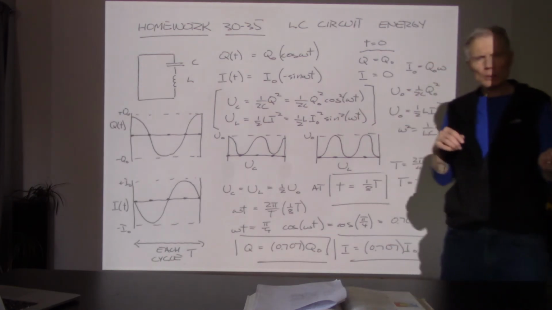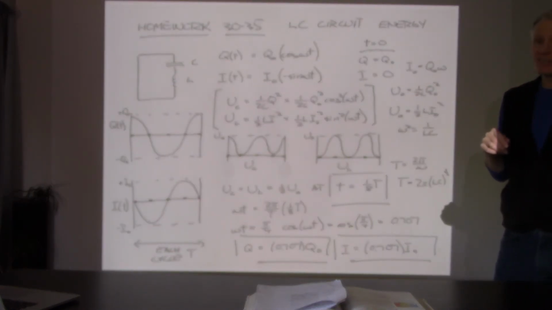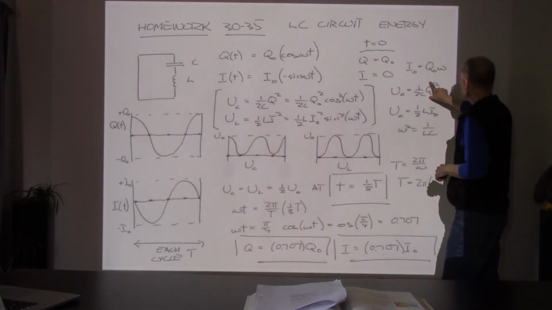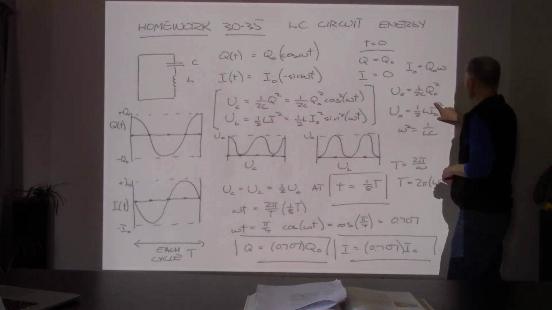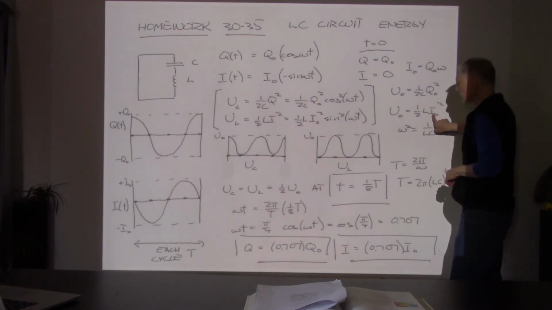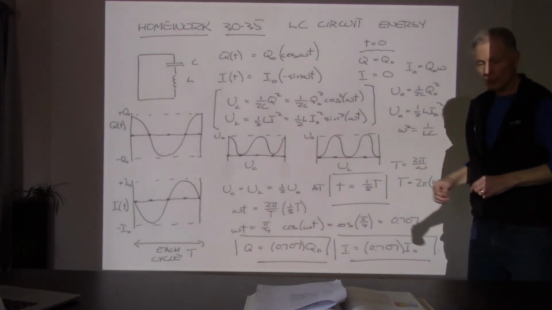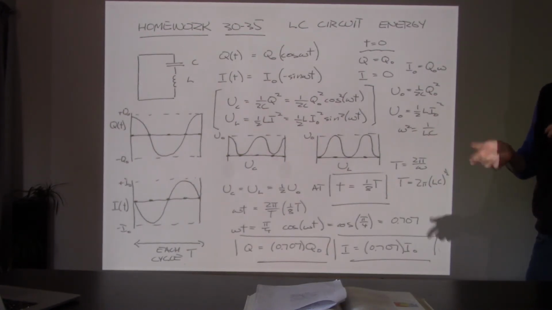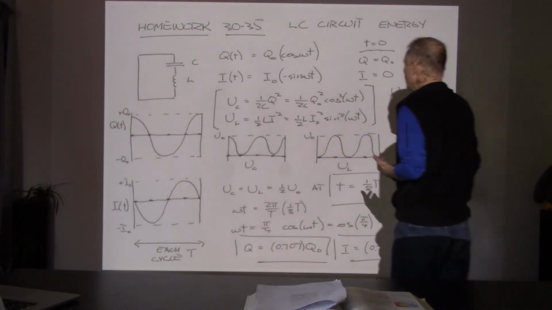When Q is equal to Q naught, the current is 0, so all the energy is in the capacitor. Vice versa, when the current is at its peak, Q is equal to 0, and all the energy is in the inductor.